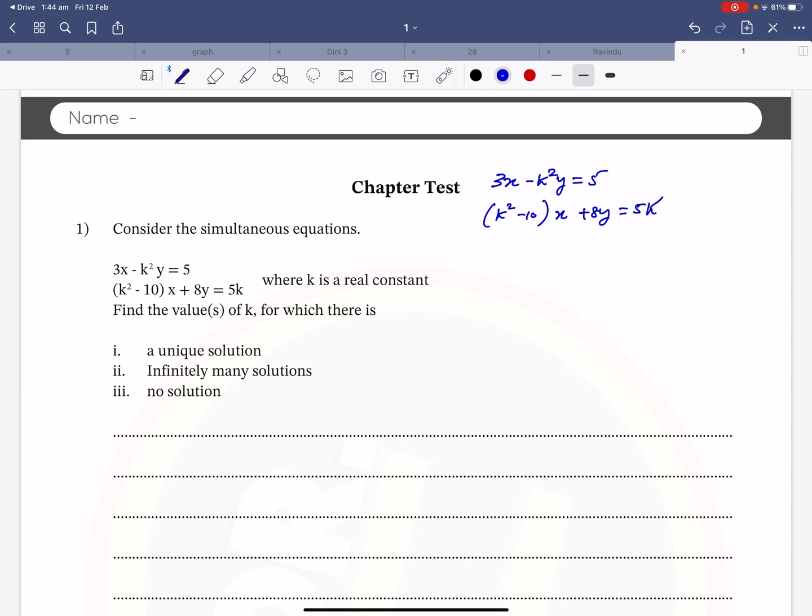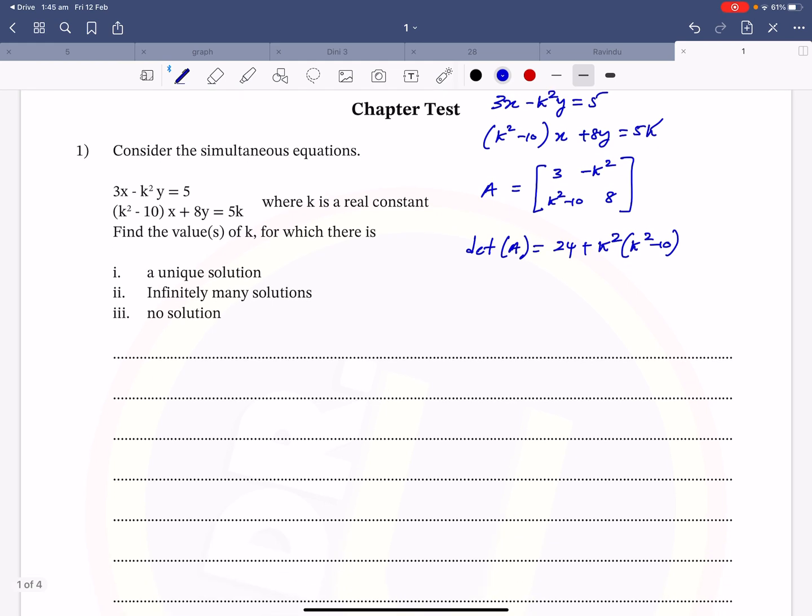If you put the coefficients into a matrix, you can say A is the matrix with 3, minus k squared, k squared minus 10, and 8. Now we'll get the determinant of A. That would be 24 plus k squared times (k squared minus 10).